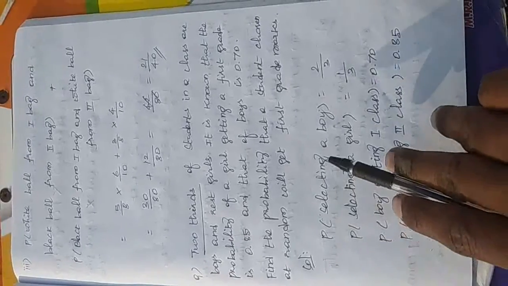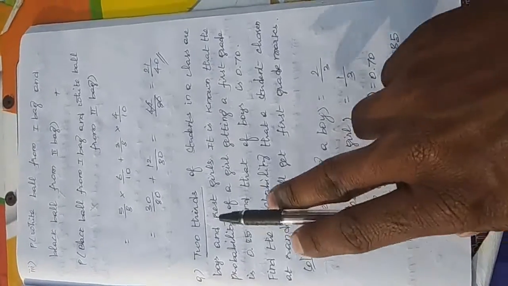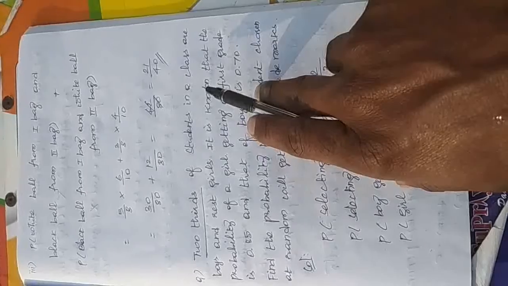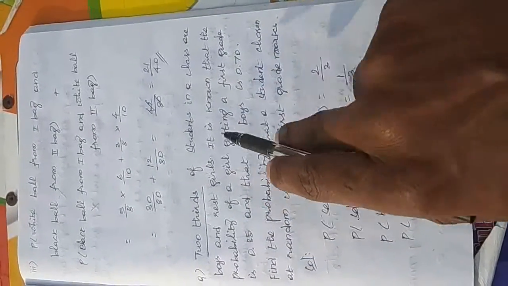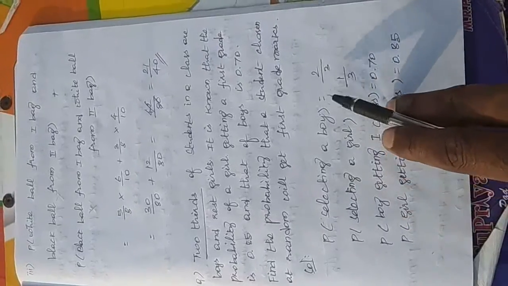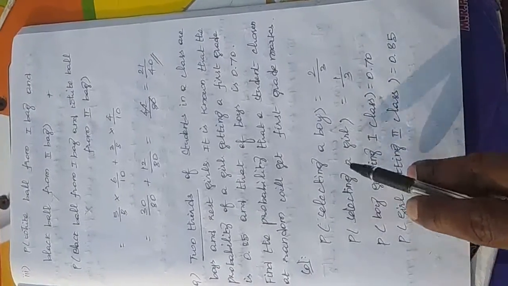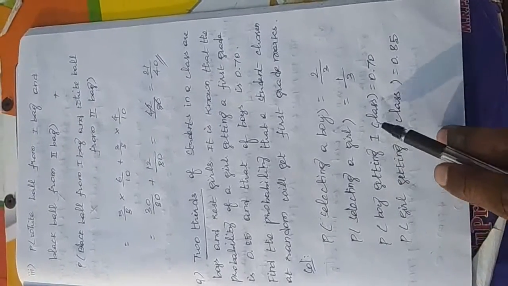Probability of selecting a boy: 2/3 of the students in a class are boys and the rest are girls. So selecting a boy means 2/3. The remaining are girls, so 1 by 3. Probability of boy getting first class is 0.70. Probability of girl getting first class is 0.85.